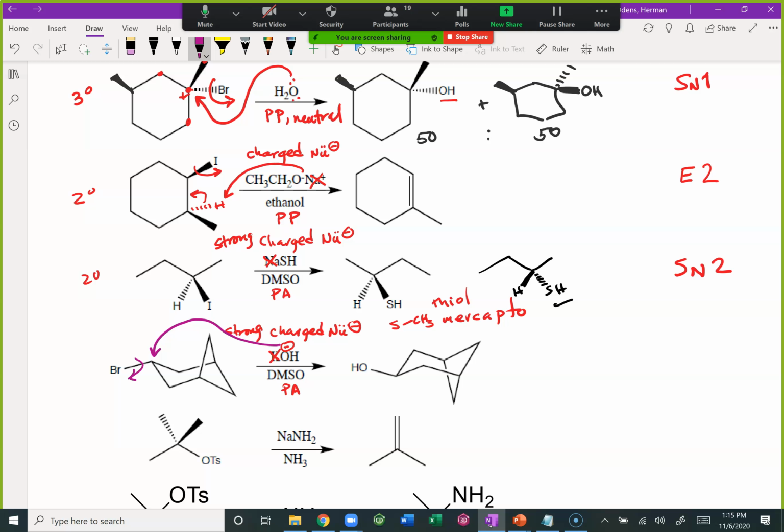But it also, and I like being in class so I can show you with my hands what's happening. You have this carbon here that is up, so it's a headrest on the chair. You see that? Here's your chair, here's your headrest.